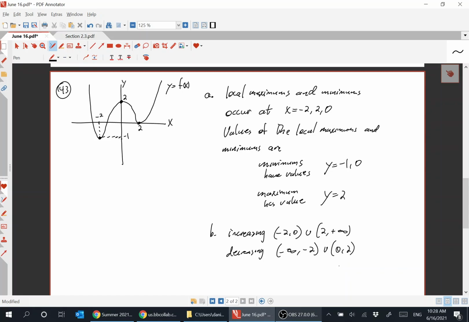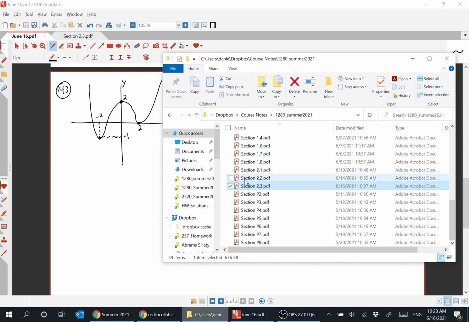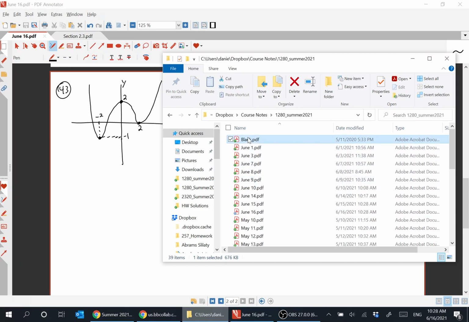All right. So just some vocabulary and terminology that goes along with functions. That has general usefulness when you're talking about such functions.